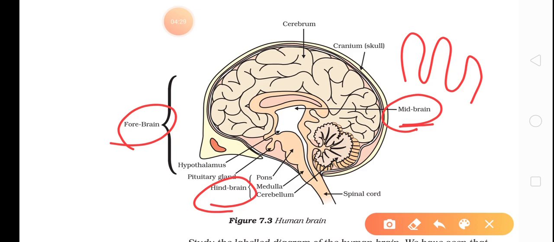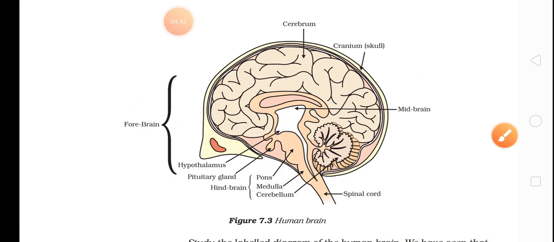This midbrain is then followed by the hindbrain. Hindbrain consists of three main regions: the pons which you see, then medulla oblongata and cerebellum.